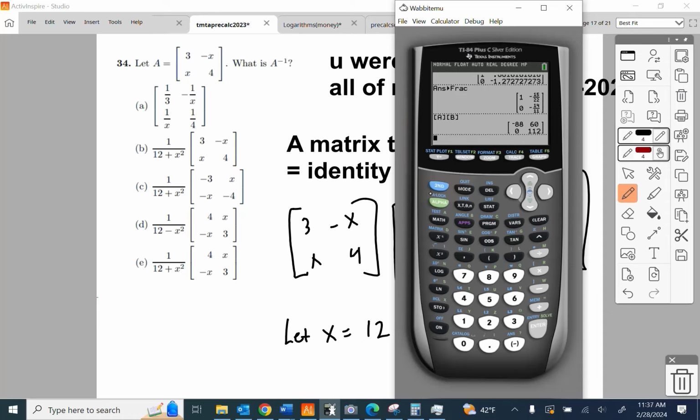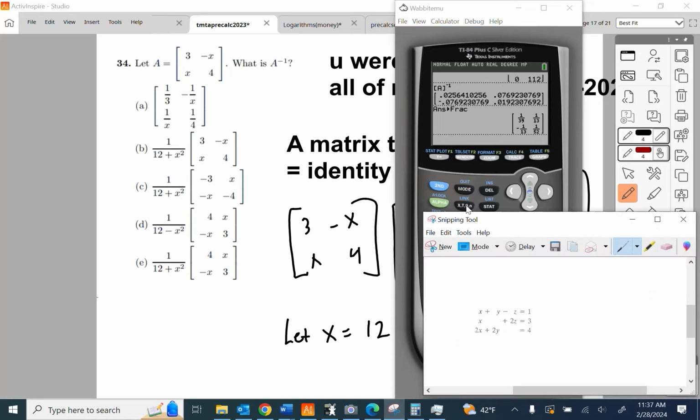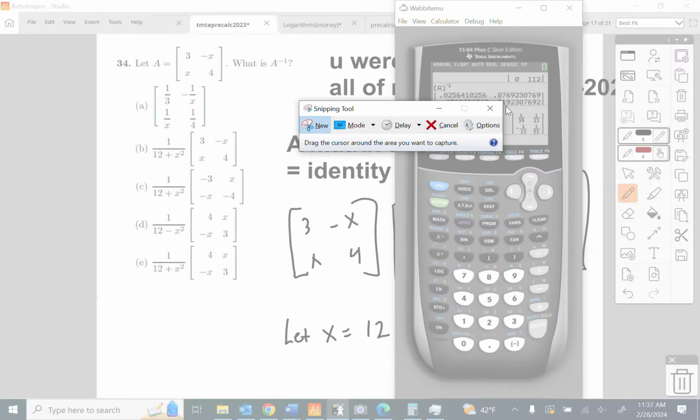Now let's see how good a TI-84 is. Second quit, second matrix A, and there's an inverse key here. I'm going to see if it'll do it. That's what I got. Now let's snip this, because Lord knows I cannot keep up with that in my head.